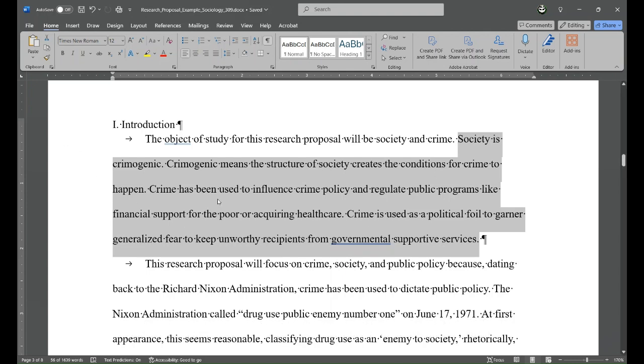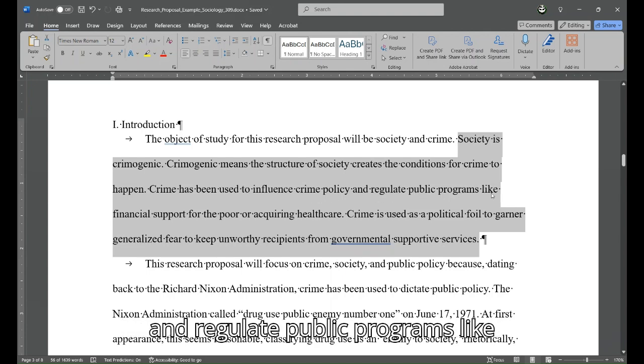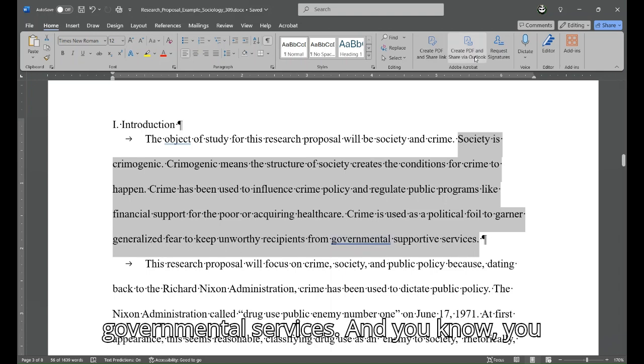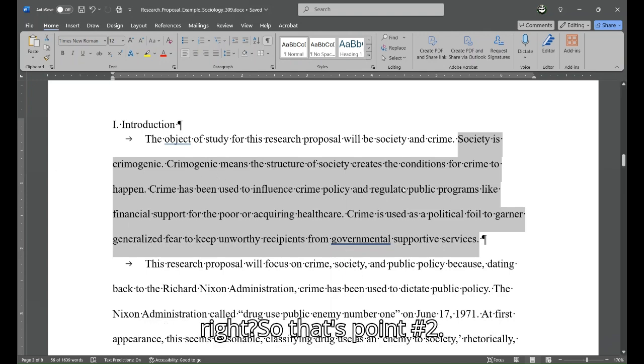And then crime has been used to influence crime policy and regulate public programs like financial support for the poor or acquiring healthcare. Crime is used as a political foil to garner generalized fear, to keep unworthy recipients from governmental services, and you could say more stuff like that. But that's the imagery that I was trying to convey to the reader.